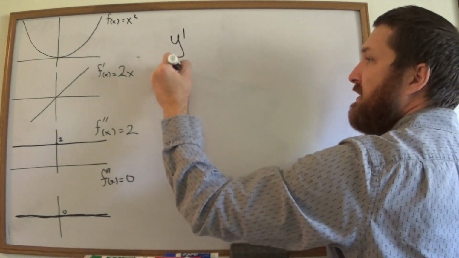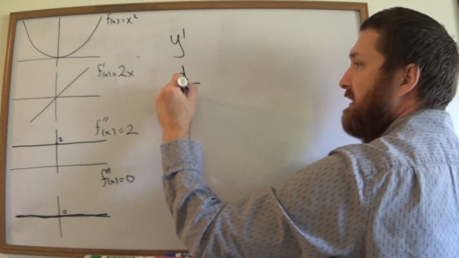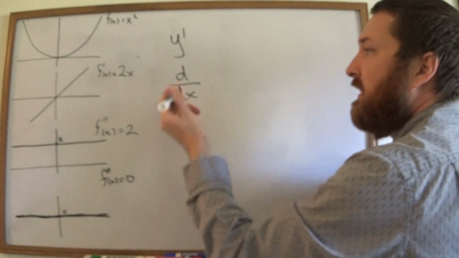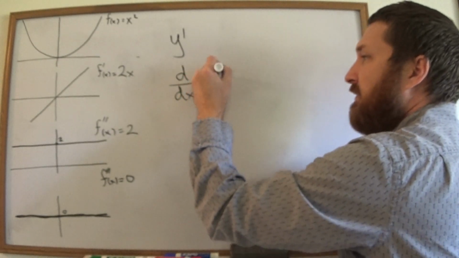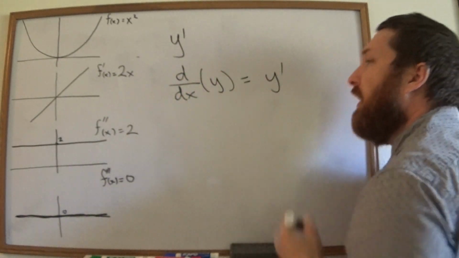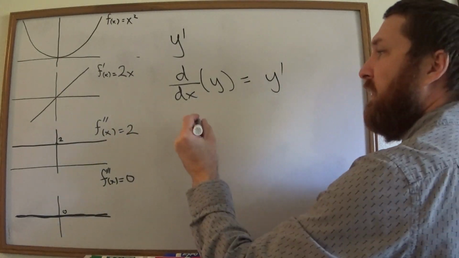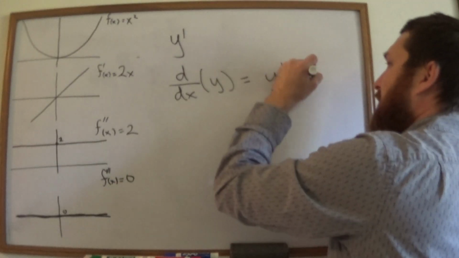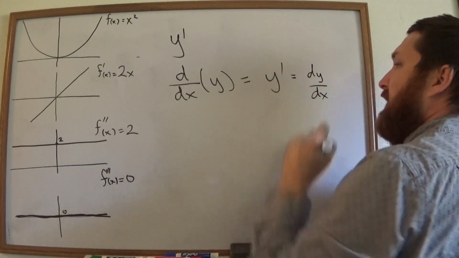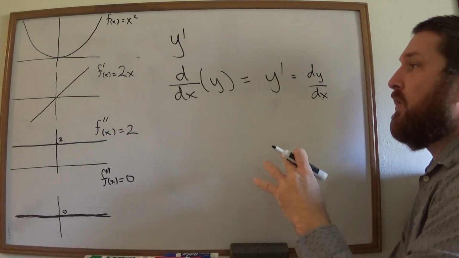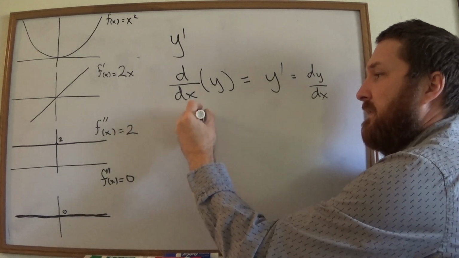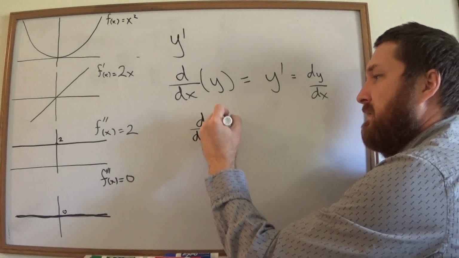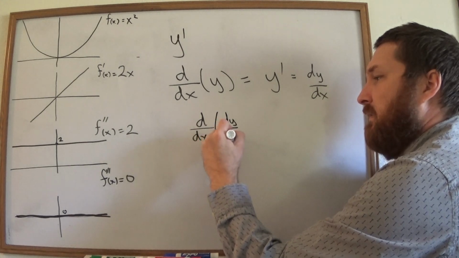You could say that's the same thing as taking d dx or dt, depending what variable y is a function of, and say, okay, take the derivative of y, and you get y prime, the first derivative. And we write that as dy dx. You could, again, take the next derivative of that thing, and this is what it looks like now.